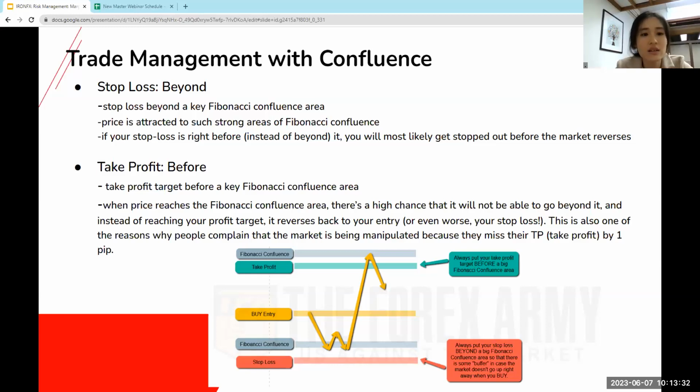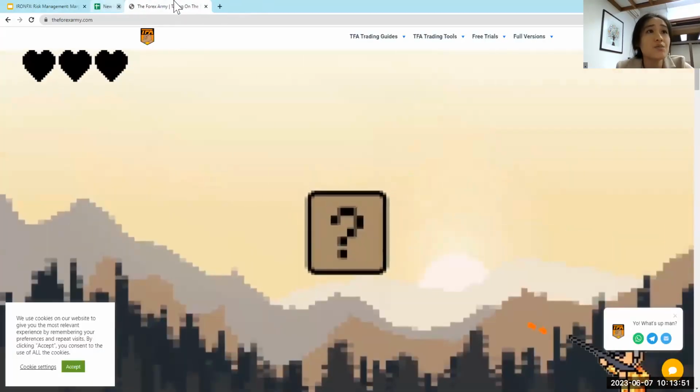So I just want to point out something. If you're a beginner trader and you're looking for a checklist of things to look out for, something like what we have here, you can take a look at the Forex Army. That's where we got this image as well.